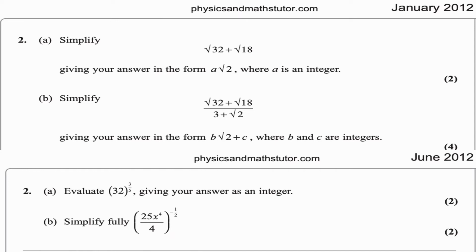Right, guys, next question. So 2A from the January 2012 past paper. Okay, simplify root 32 plus root 18, giving your answer in the form A root 2. Again, it's simplifying surds. So root 32 is equal to root 16 times the square root of 2. Here, it's giving you a hint that it's in the form of something times root 2. So one of your roots has to have a root 2.